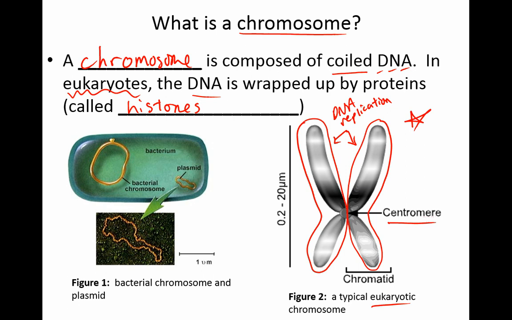So over on the left, I have a bacterium. Right here is a bacterial cell. And inside of that bacterial cell, if you will remember, bacterial chromosomes are a little bit different in structure. Here you see that a bacterial chromosome isn't in those long linear chains like the eukaryotic chromosomes are.